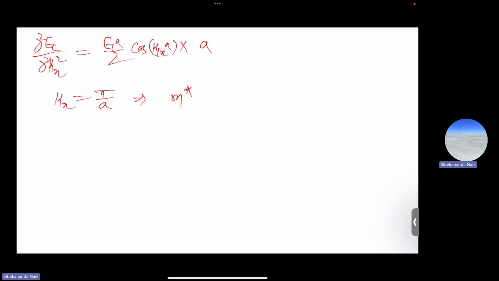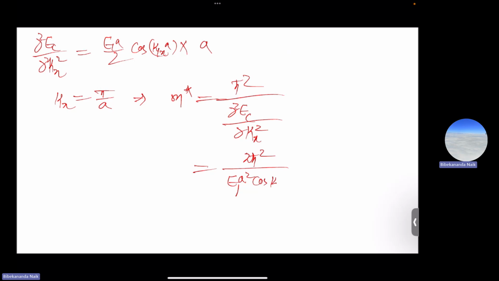So m star will be h cross square divided by del square EC by del kx square, that is 2h cross square divided by E1 a square cos k1x a.